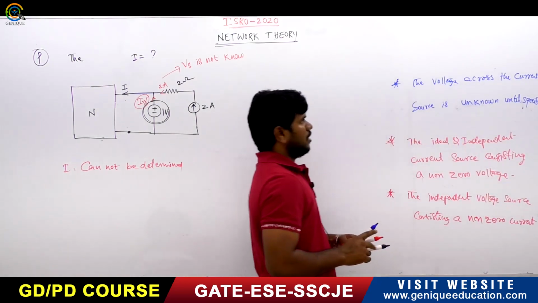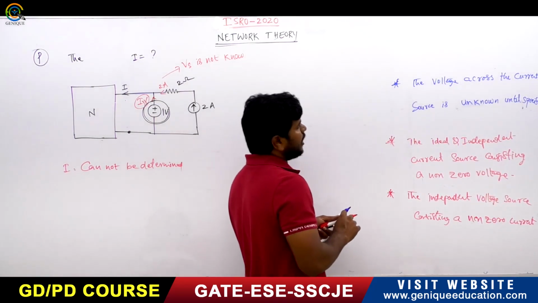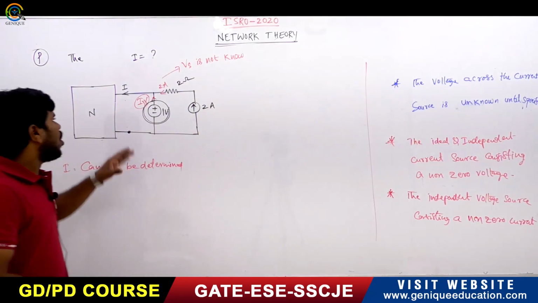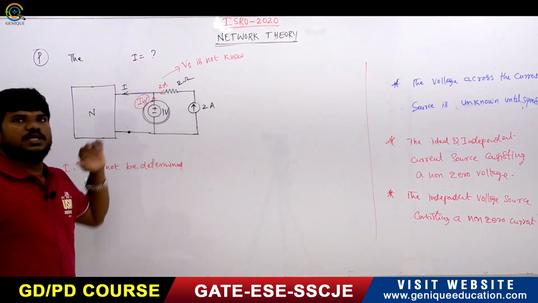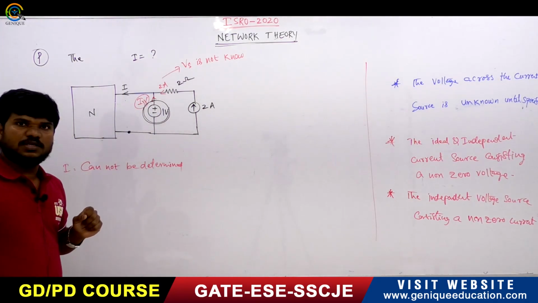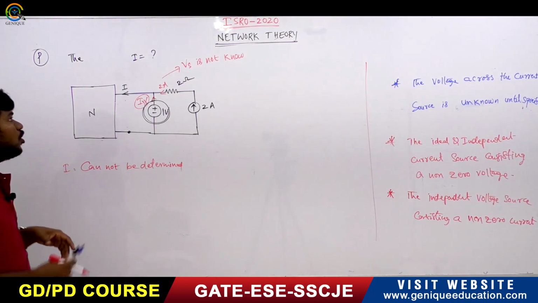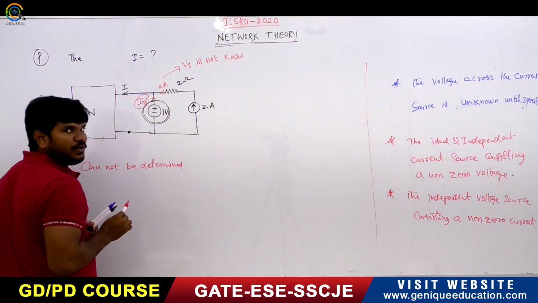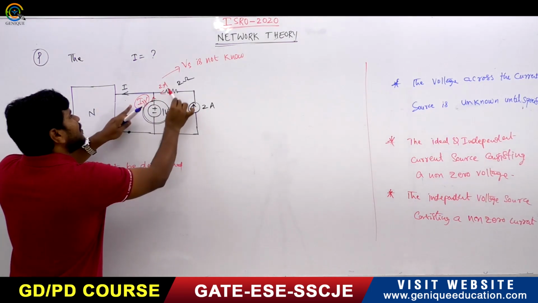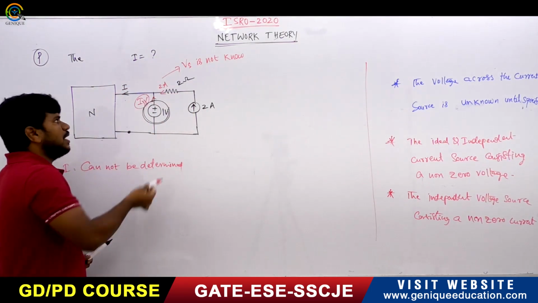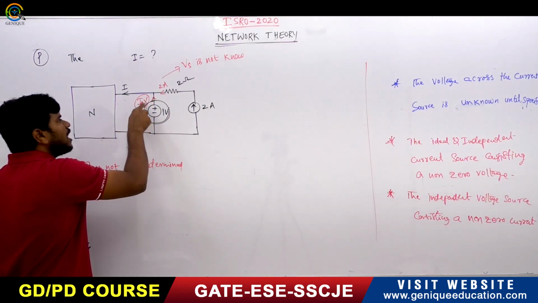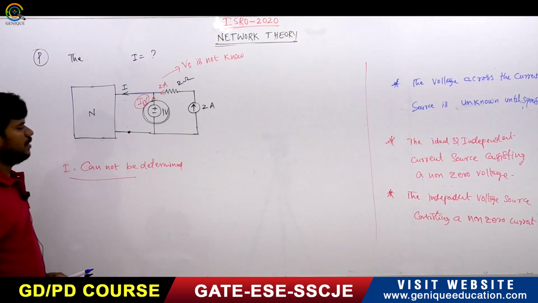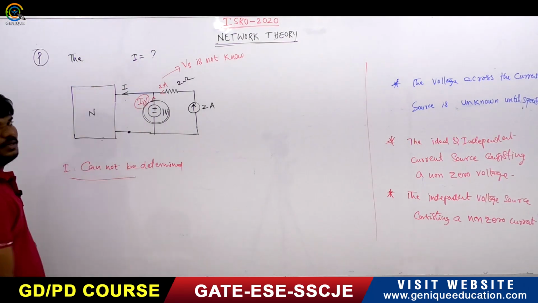So these are the 3 points you have to identify. We don't know how much current will be supplied by this voltage source, so you don't make it 0. Definitely it will give some amount of current, and this current plus this current will be equal to this. Because the current in this voltage source is not given, you cannot determine the total current I.